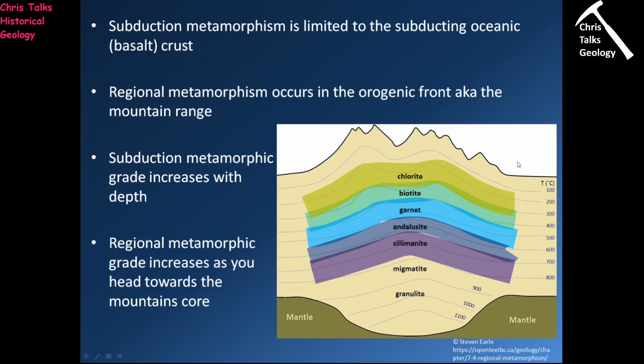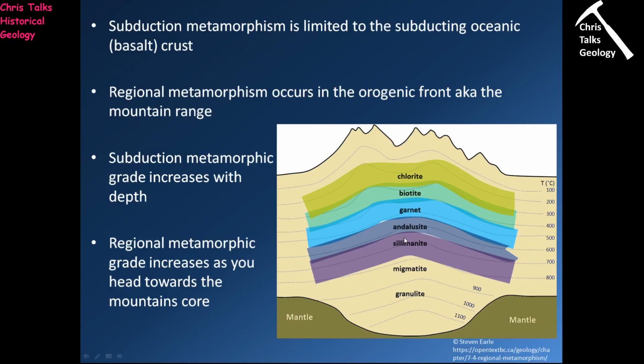Up here in the lower pressure and temperature ranges, we're going to see metamorphic rocks which contain chlorite. Increase the pressure and temperature even further, chlorite's going to disappear, and we're going to see biotite. The biotite is eventually going to become unstable, and garnet's going to appear. Garnet will eventually become unstable, and we'll see andalusite appear. Andalusite will become unstable, and sillimanite will appear.